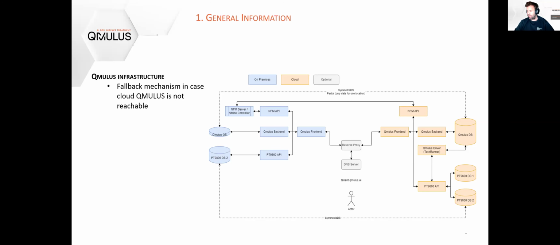Anything to add from your side, Frank? I was going to ask a question regarding the on-prem. If I'm hosting on-prem, I don't understand one thing. I go to Starbucks, I use my tablet, and I can log into QMULUS. I get that because I'm contacting Amazon or Azure or whatever. But if I'm hosting on-prem, how do I access it?